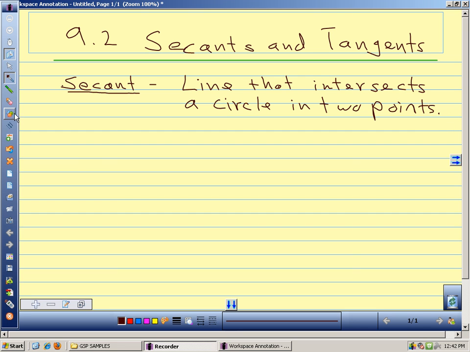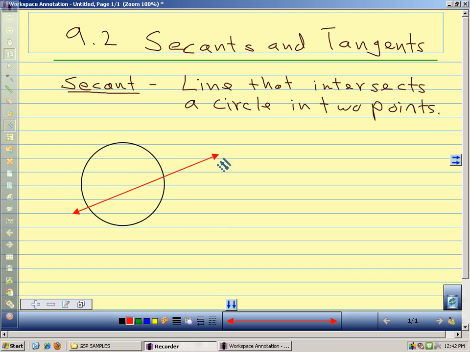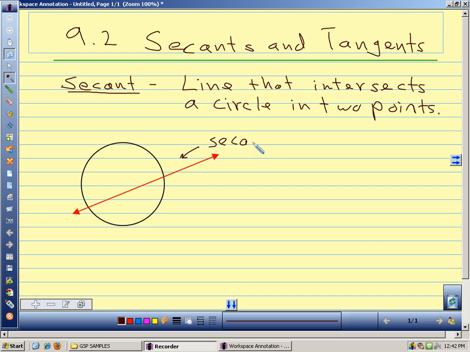And our picture for a secant, here's our circle and our line. So there's a secant line. And so our secant line intersects the circle in 2 points.